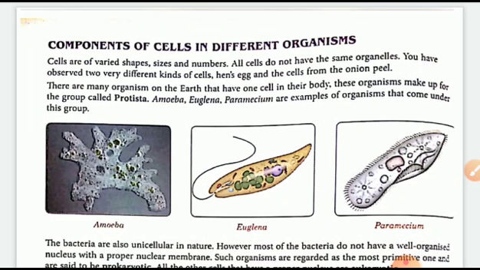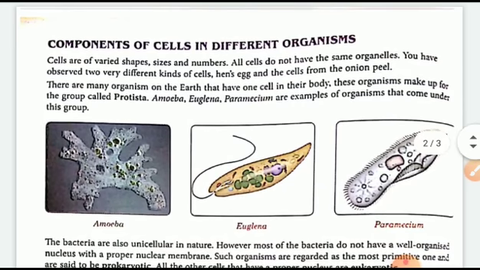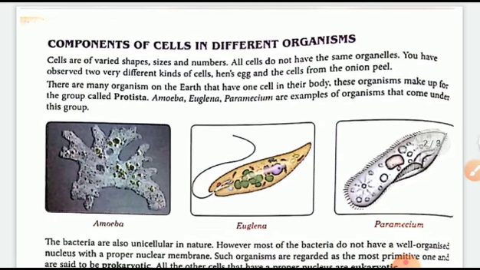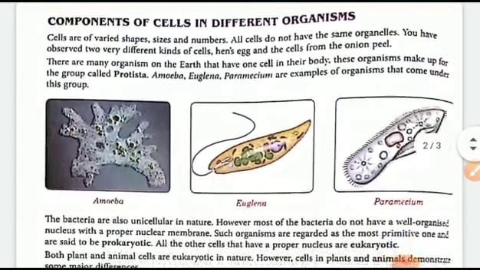In the hen egg, the egg yolk is the nucleus, and the white albumin, which is protein, is the cytoplasm. In the onion peel, you will see compartments of cells with the nucleus as a dot-like structure. So the hen egg resembles animal cells, and the onion peel resembles plant cells.